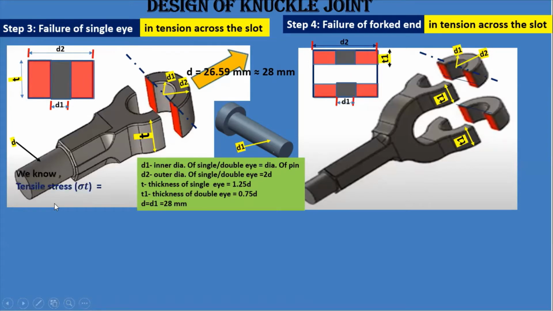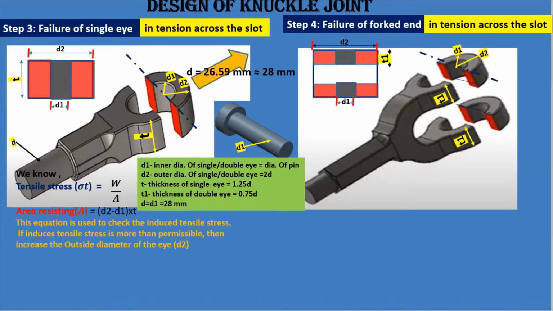Then first we'll go for how to calculate. We know that tensile stress is equal to load upon area. Now how are we calculating the resisting area? (D2 minus D1) into T. That is my resisting area. Now if the induced stress that you calculate turns out to be greater than the permissible stress given to you, then your design will fail. That can happen.